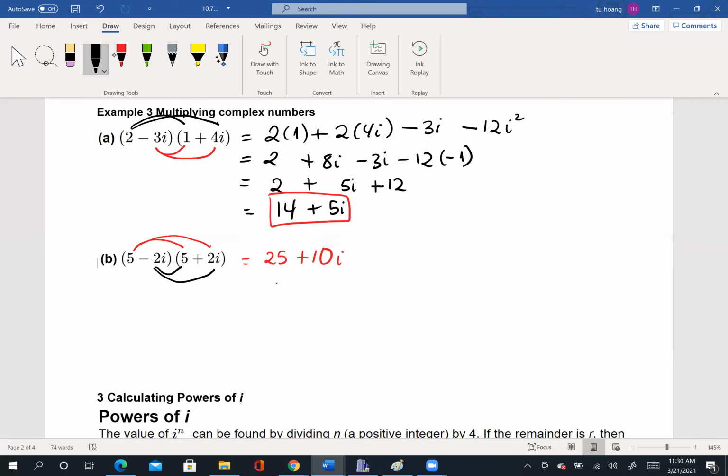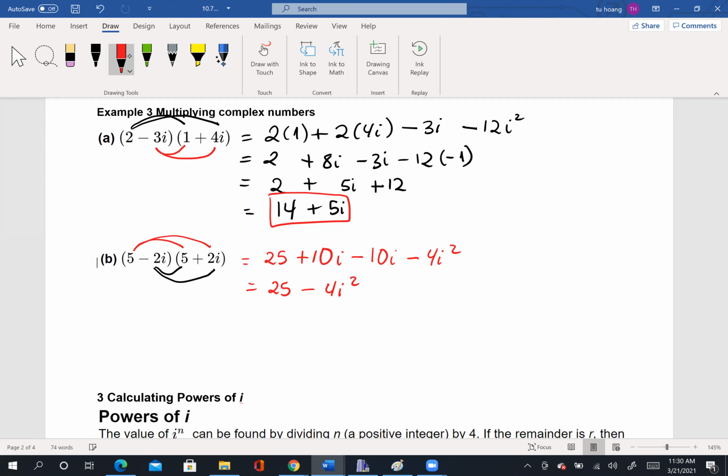That's gonna give me negative 10i minus 4i squared. Okay, so simplify, you have 25, 0, and then minus 4i squared.